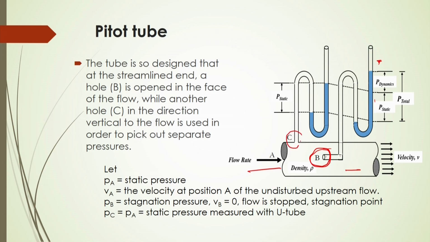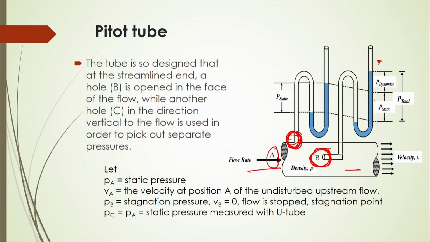This is C, and this point is placed normal to the flow, and here it is parallel to the flow. So in this case at C the pressure will be measured, and at point B there will be a pressure which is called the stagnation pressure, and the pressure at C, or at section A, will be called the static pressure.